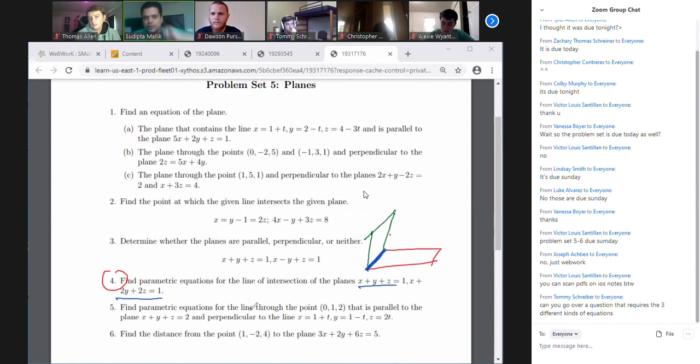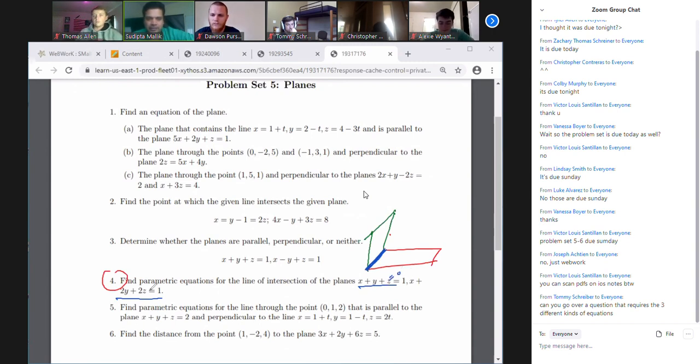You can just choose something. For example, there are infinitely many ways to do that because there are infinitely many points, right? So for simplicity, plug in z equals 0.